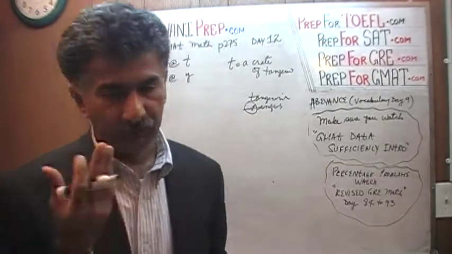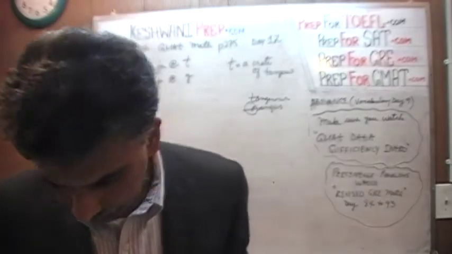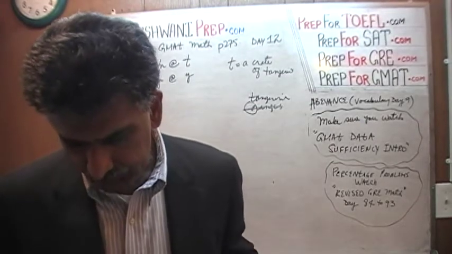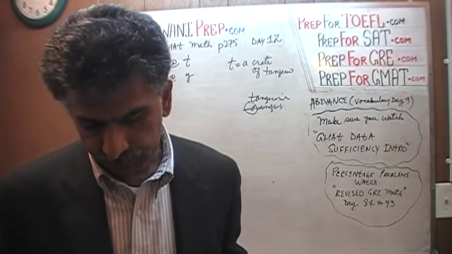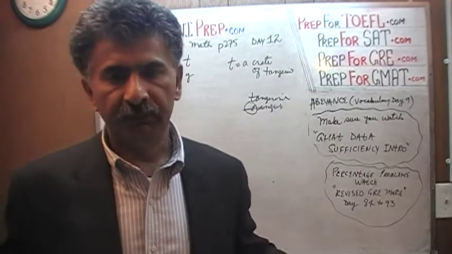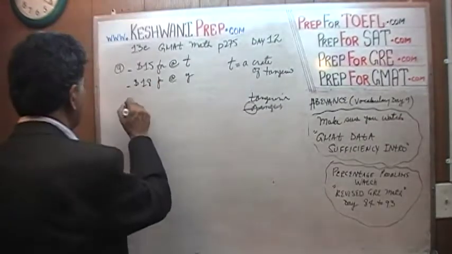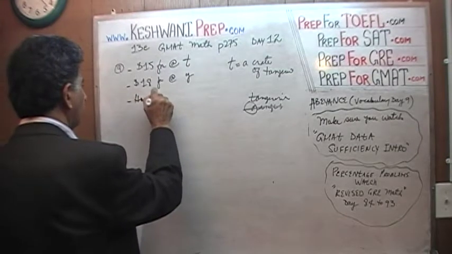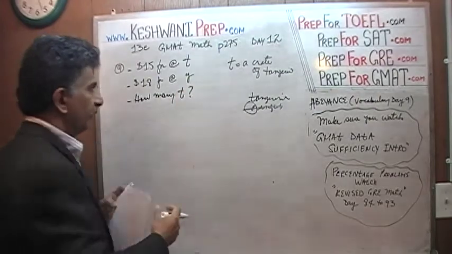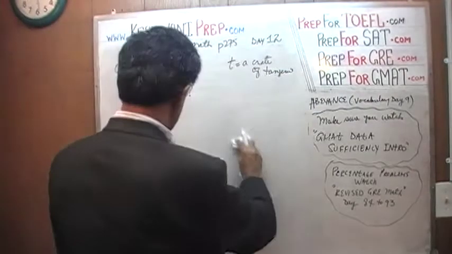That makes sense, because I was wondering how you can have a crate of grapes that he ships. The question simply is, how many crates of oranges did he ship last year? For us it's tangerine. So the question here is how many tangerine? That's a very simple, straightforward question.